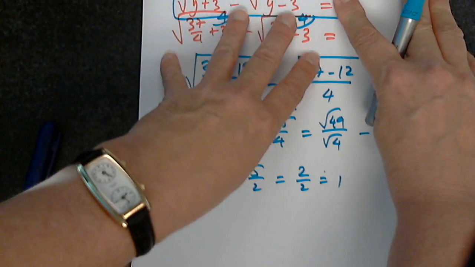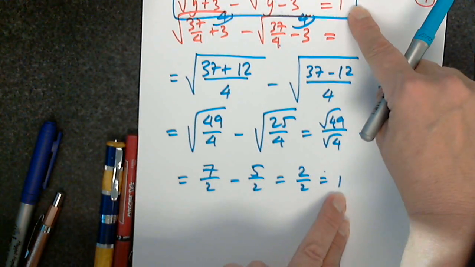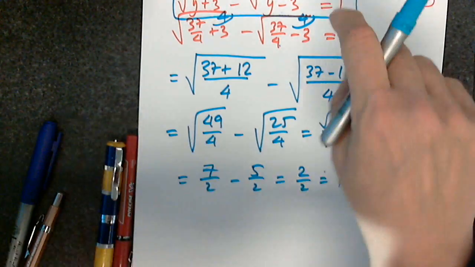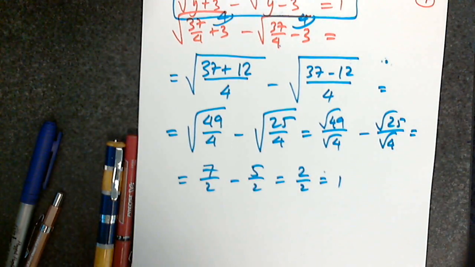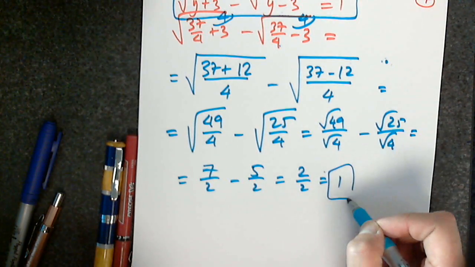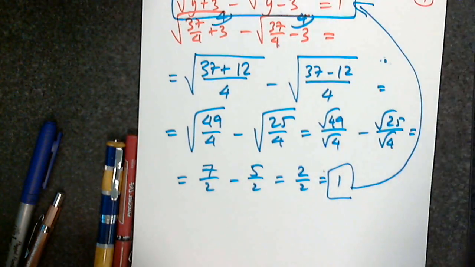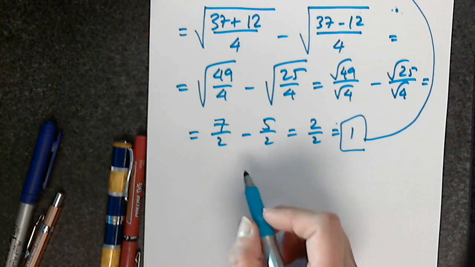I just replaced everything, and I showed step by step that I'm getting 1 when I replace x by 37 over 4. I cannot say it's 1. I haven't got to that. So I'm starting with the left-hand side, and I show step by step that this is indeed 1, and then I'll say since it equals the right-hand side, then I will have to accept 37 over 4.